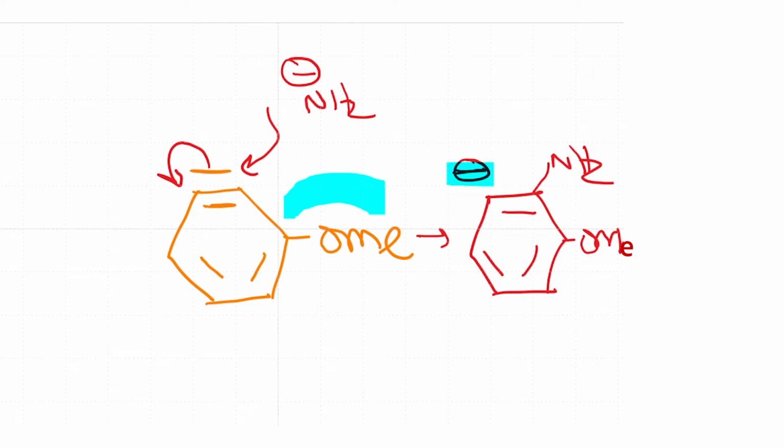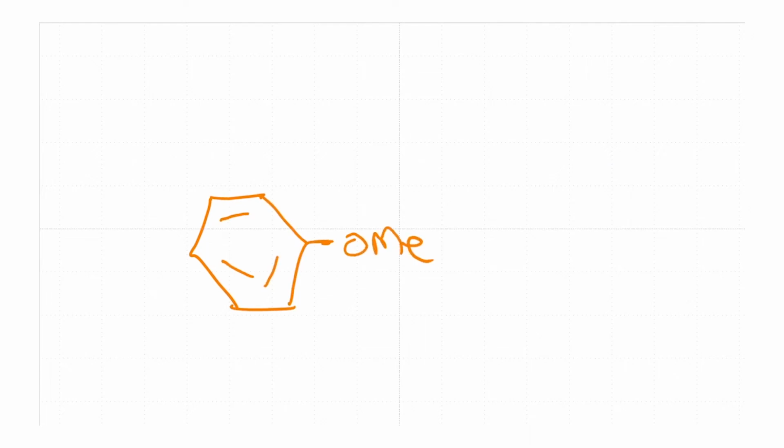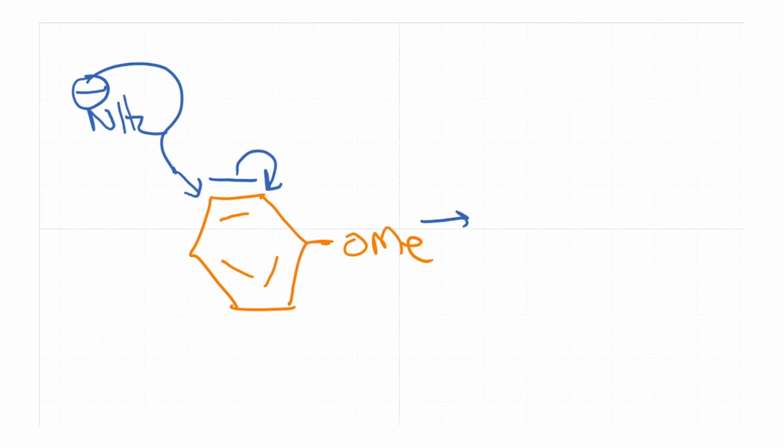On the other hand, if the attack happens on the other carbon, which I'm going to draw again here, OMe. So if the attack happens at the 3 position, which results in the formation of the carbanion adjacent to the methoxy group.